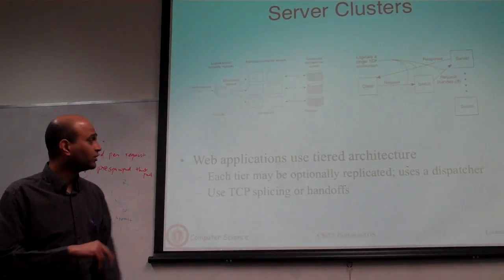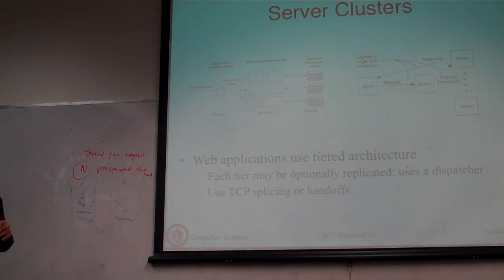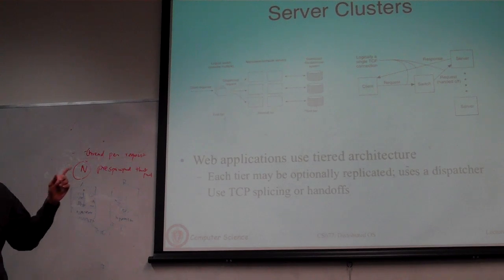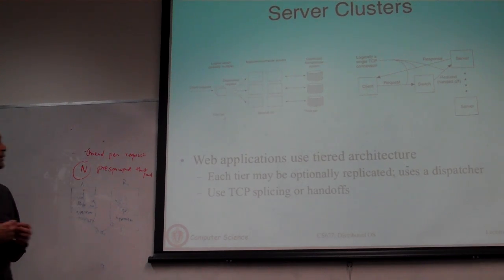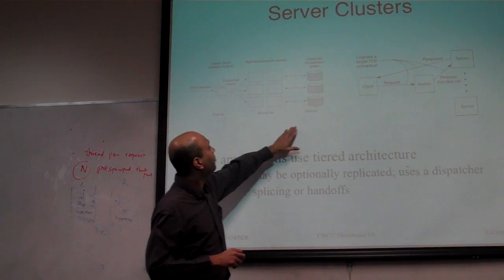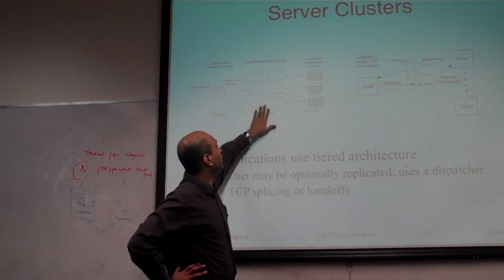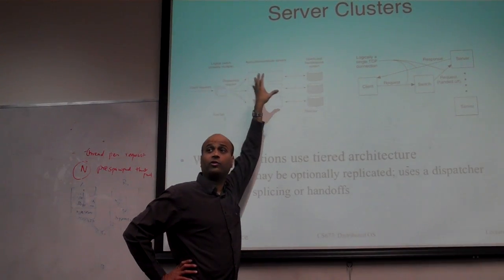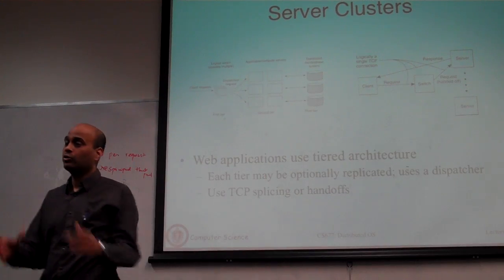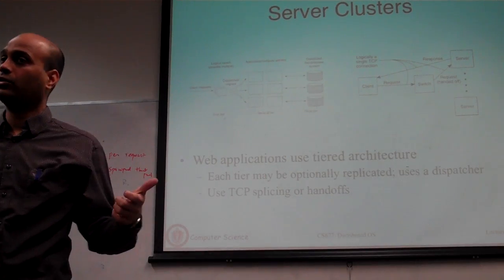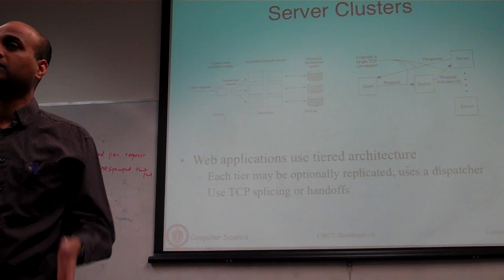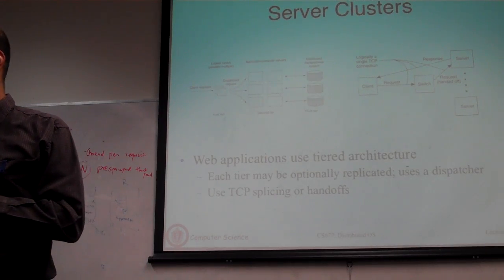So just a couple more slides here. Here is an example of a clustered server. Here we have these tiers of servers where each tier is replicated. When you have very large servers, not only do you split the functionality across multiple tiers, each tier is replicated on multiple machines.